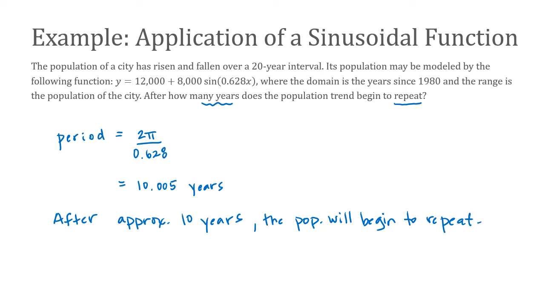So if we started with the year since 1980, then we could expect to see 1990 it repeats, the year 2000, 2010, 2020, you get the idea, 2020. So that's the way I would write that.